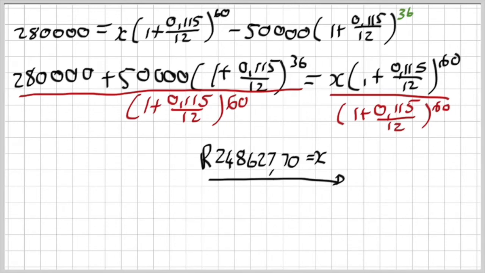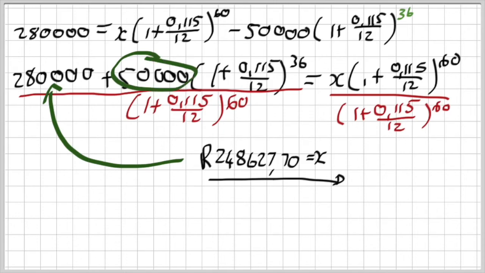And it doesn't actually accrue to so much interest. If you look at it, in the end, it only grows to 280,000. But remember, you took out 50,000 Rand after year 2. If it wasn't for that 50,000 Rand, man, life would have been really, really much better.